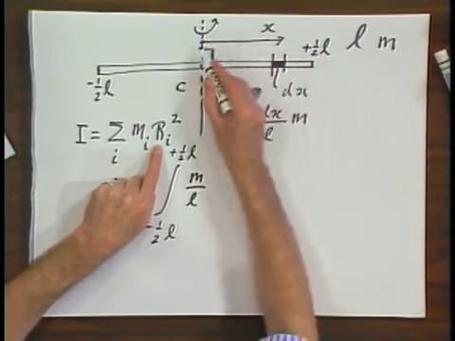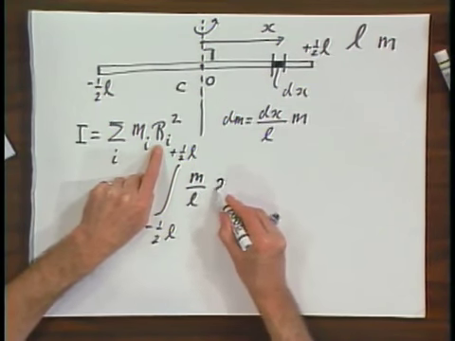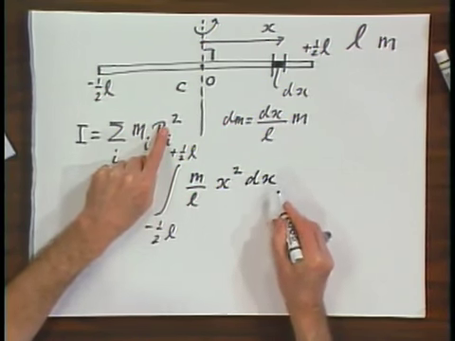X is the distance from that mass element to the axis of rotation. So I get x squared, which is this term, dx.